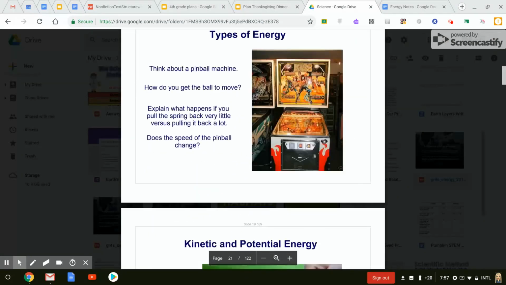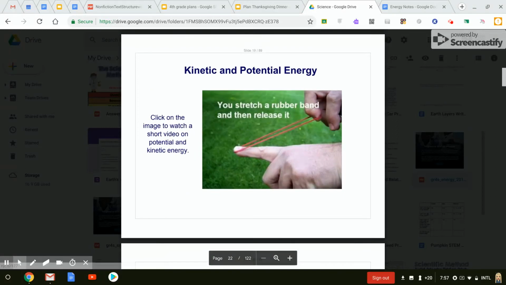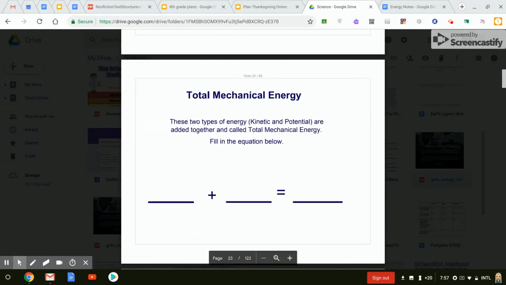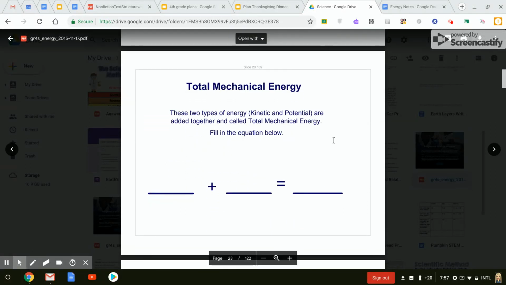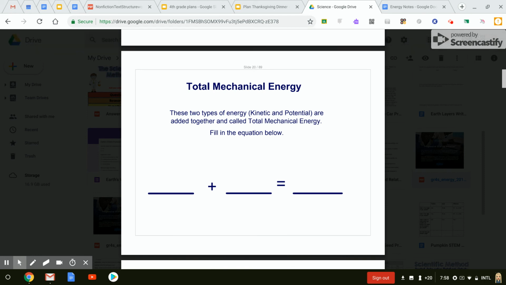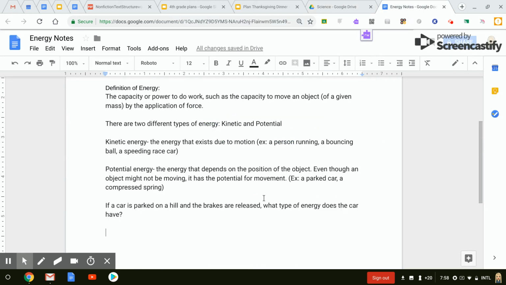And that is all we are going to do. Oh, nope, there's one more thing I want you to add. The two types of energy are added together and called the total mechanical energy. So that's what we're going to write. Kinetic and potential energy are added together to make what is called the total mechanical energy.